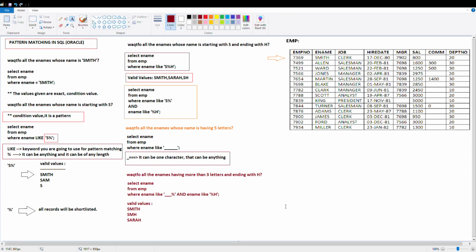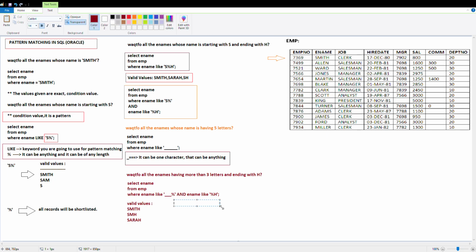Now let us understand the non-valid values which will not get shortlisted. Let's say there is something called SM. It will not get shortlisted, because it contains only 2 letters. Let's say there is something called SOM. Even this will not get shortlisted. Why?